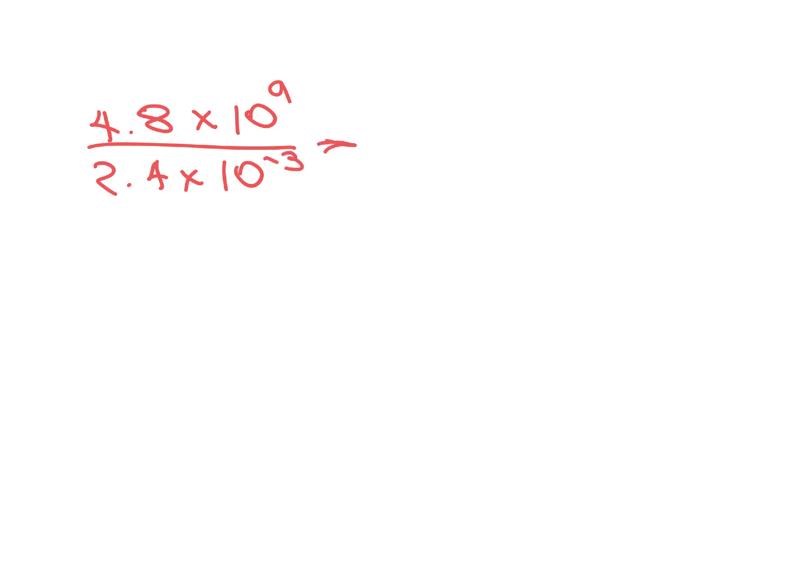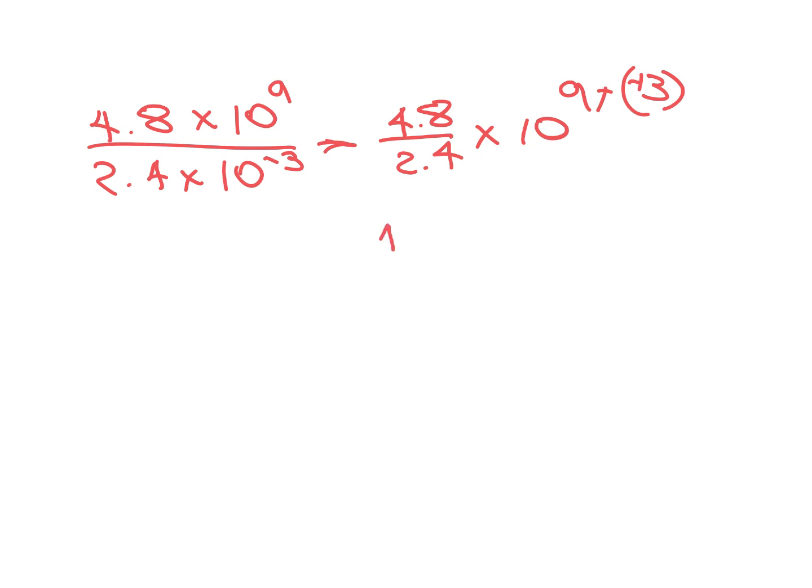All right, so if we have 4.8 times 10 to the 9th over 2.4 times 10 to the -3, that is going to be 4.8 divided by 2.4 times 10 to the 9 minus -3, or plus.